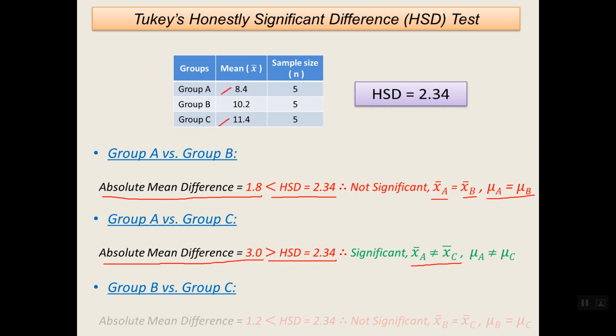The same procedure for group B and group C. The absolute difference between the two means is 1.2, and 1.2 again is less than the value of HSD, which is 2.34.